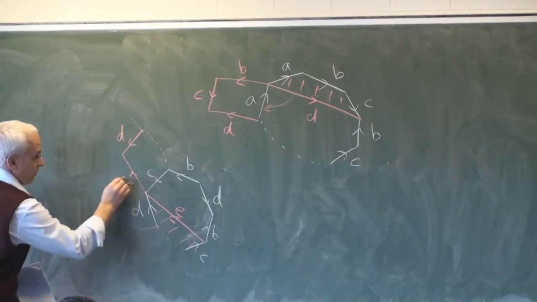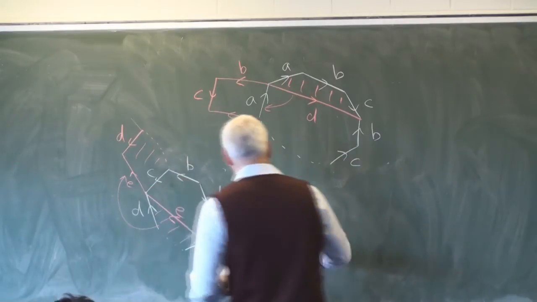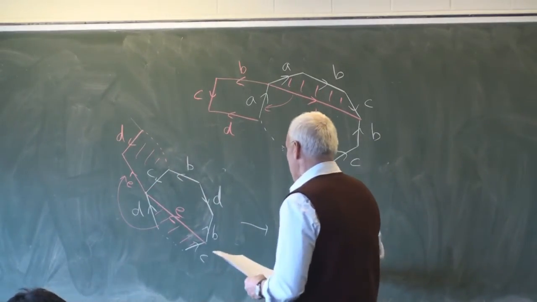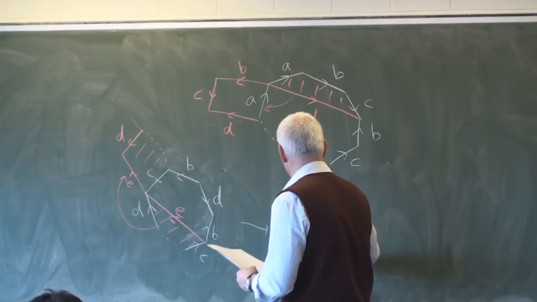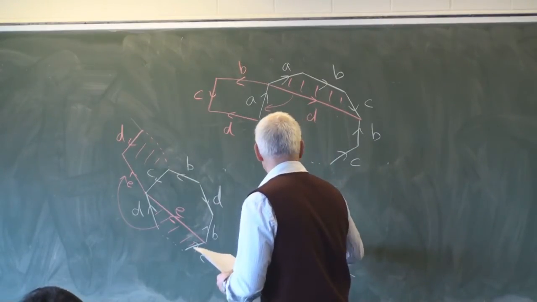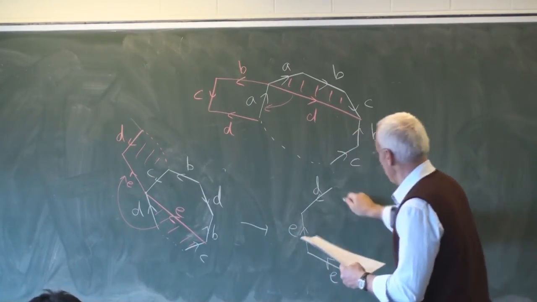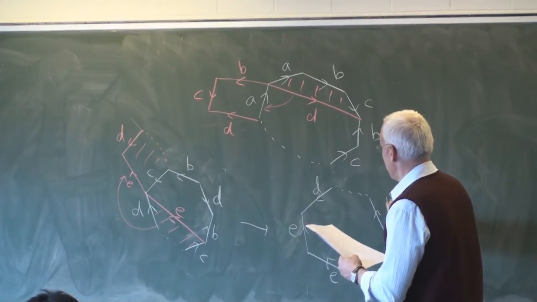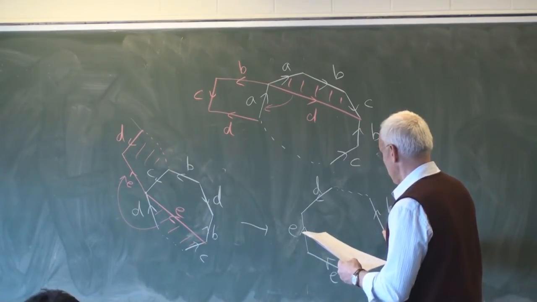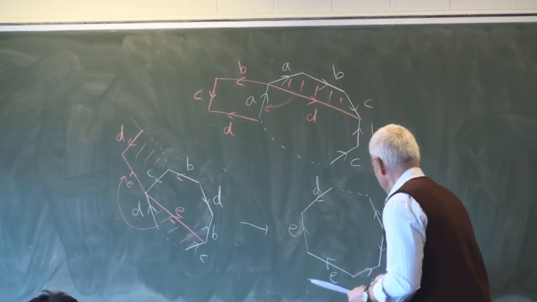So moving this part over here gives us E, another E, D, some more stuff, B, D, and B.